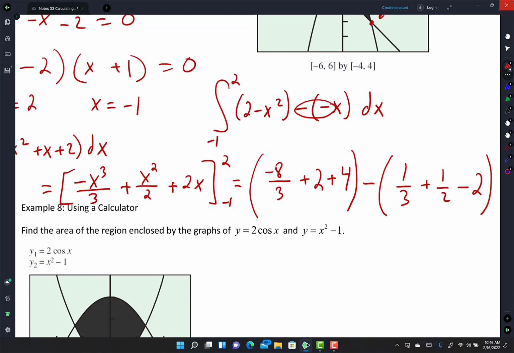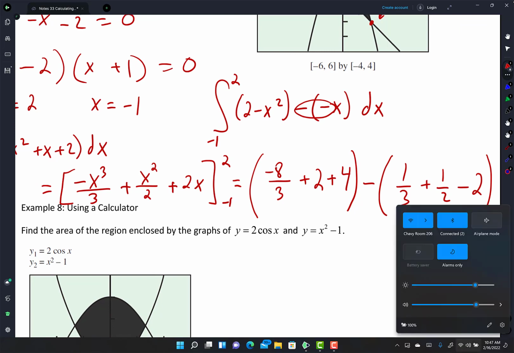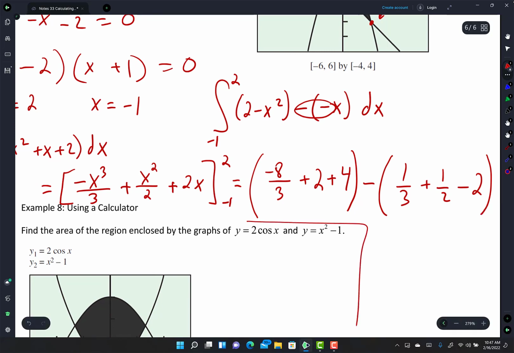Because you know what? Now I feel guilty. Let's go ahead and do it. Don't worry, it won't take that long. Negative 8/3 minus 1/3, that's negative 9/3. Oh, it's going to come out pretty after all, guys. That's negative 9/3, which is negative 3, right?